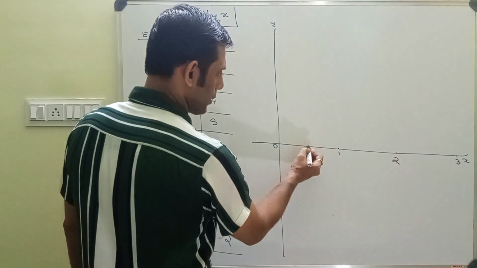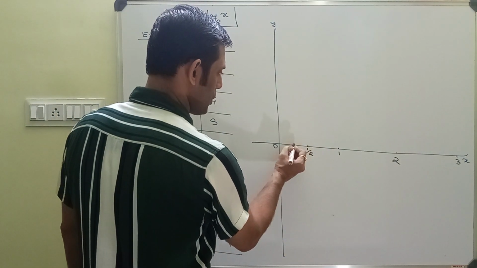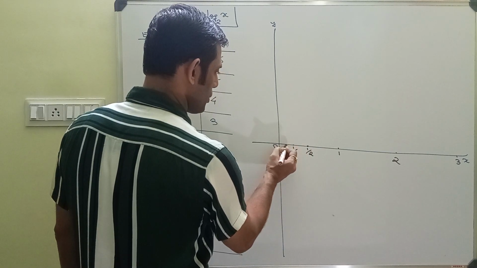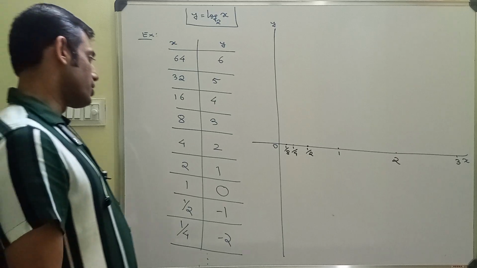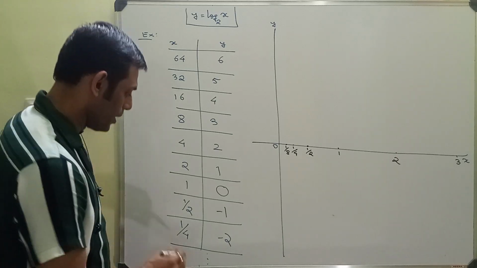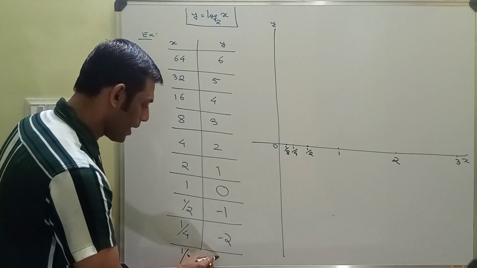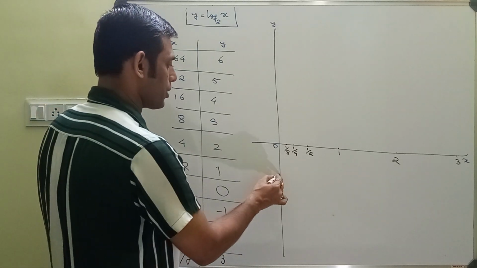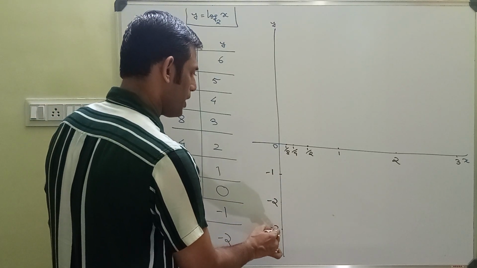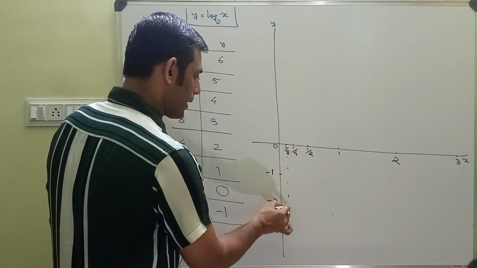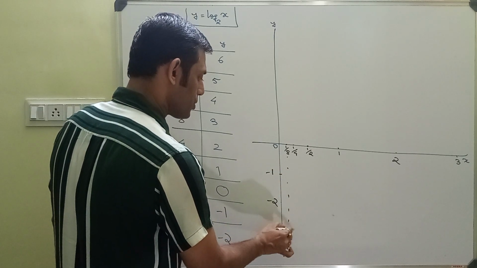And if this is 1, take a 50% position, another 50%, another 50%. Now, at 1/8, where should I stand? At 1/8, I should stand at minus 3. Minus 1, minus 2, minus 3. At 1/8, I'm standing at minus 3.